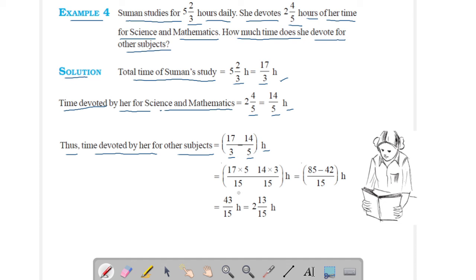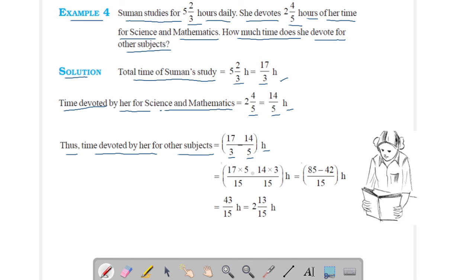Here write 15. Here the denominator of the first fraction is 3. Divide the LCM of 3 and 5, that is 15, by 3, we will get 5. Multiply numerator and denominator by 5, that is 17 into 5 upon 3 into 5, that is 15.